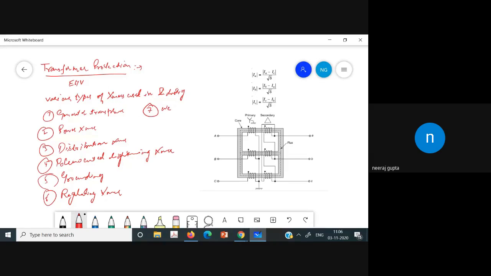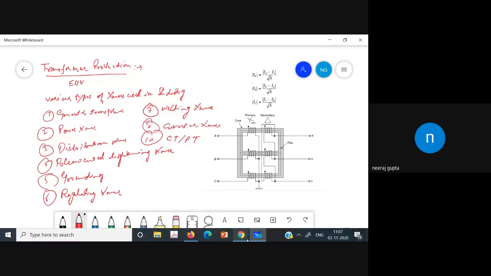In the welding transformer, the current required is large, so it is made like that. Then we will have the converter transformer, which is used in power electronics. Then we will have the instrument transformers, that is CT and PT, which have a wide range of applications.